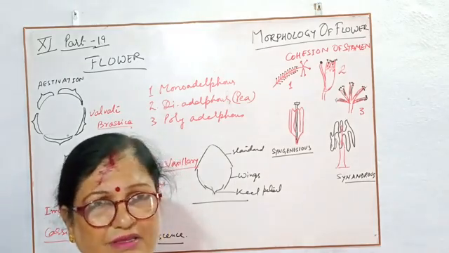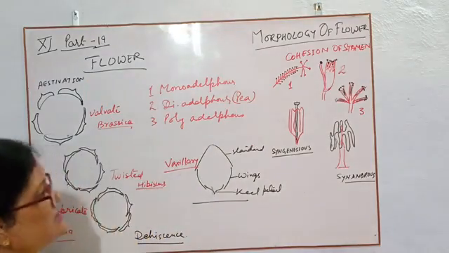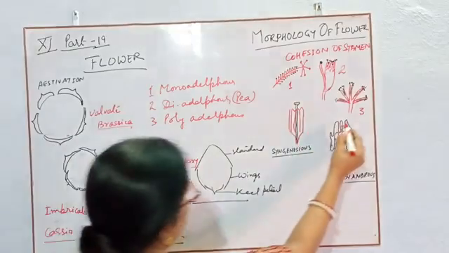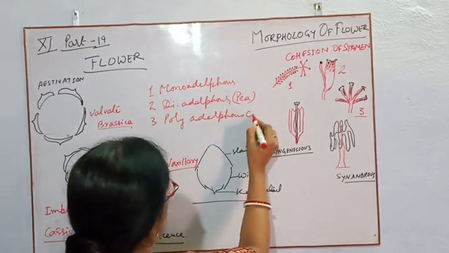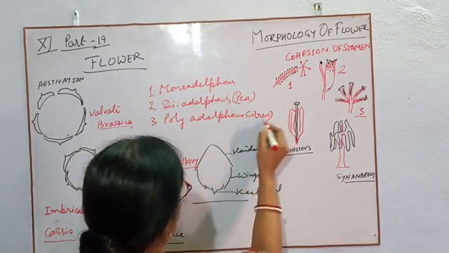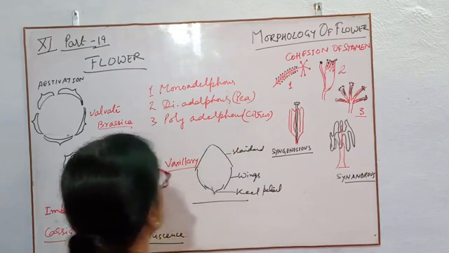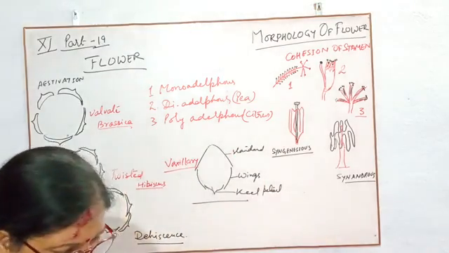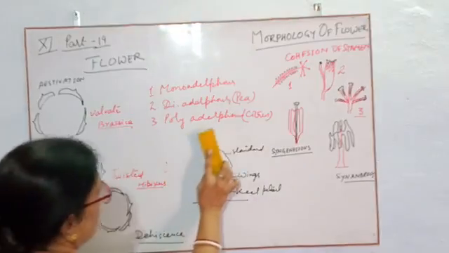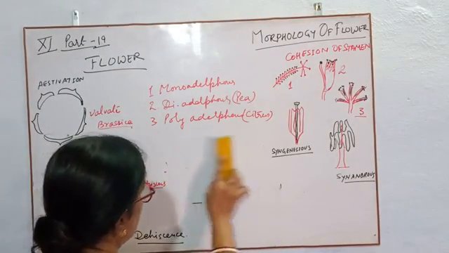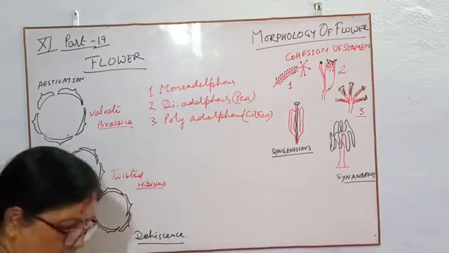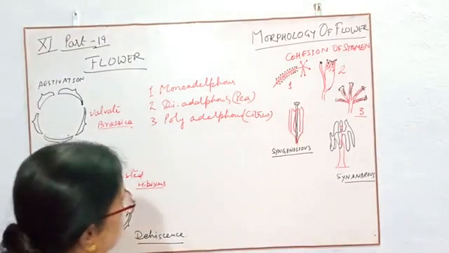This is polyadelphous, number 3, this one. Example is citrus fruit. This is polyadelphous. Now, the fourth one.